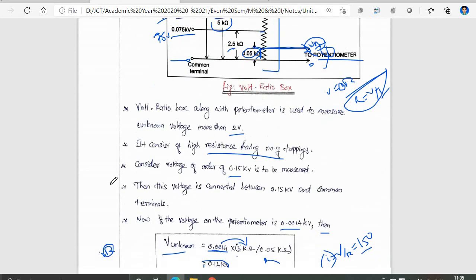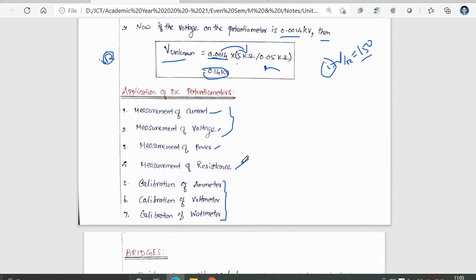So it can be used to measure unknown resistance, and the other applications are for calibration purposes. We can calibrate the ammeter, voltmeter, and wattmeter with a standard instrument.